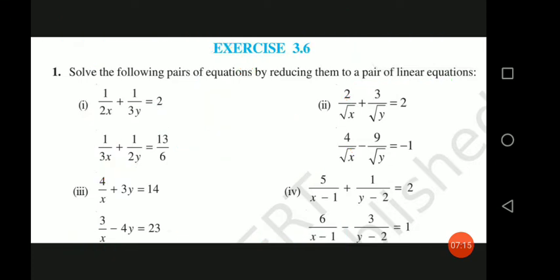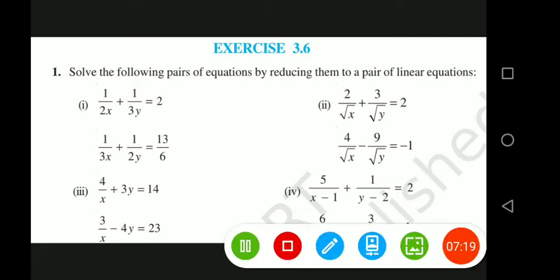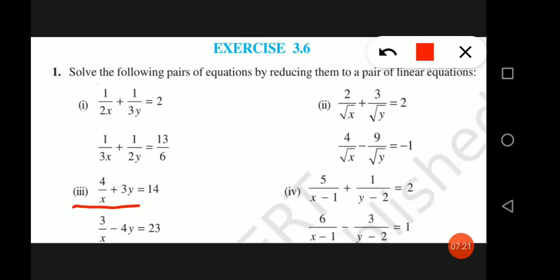Now if we move towards part 3, the equations are 4 by x plus 3y is equal to 14, and 3 by x minus 4y is equal to 23. So here we see that y is at the correct place. It is in the numerator only. So we don't have to replace y by any other variable, just we will replace x.